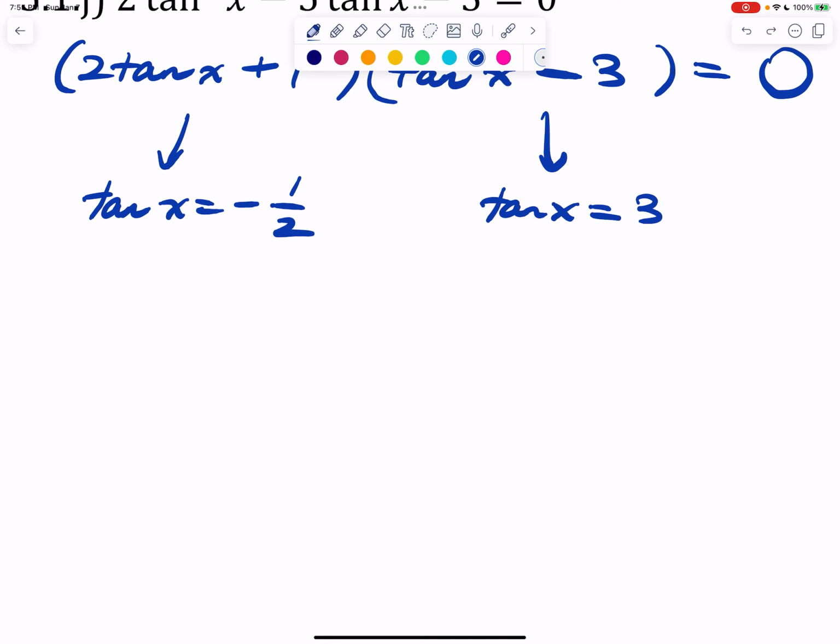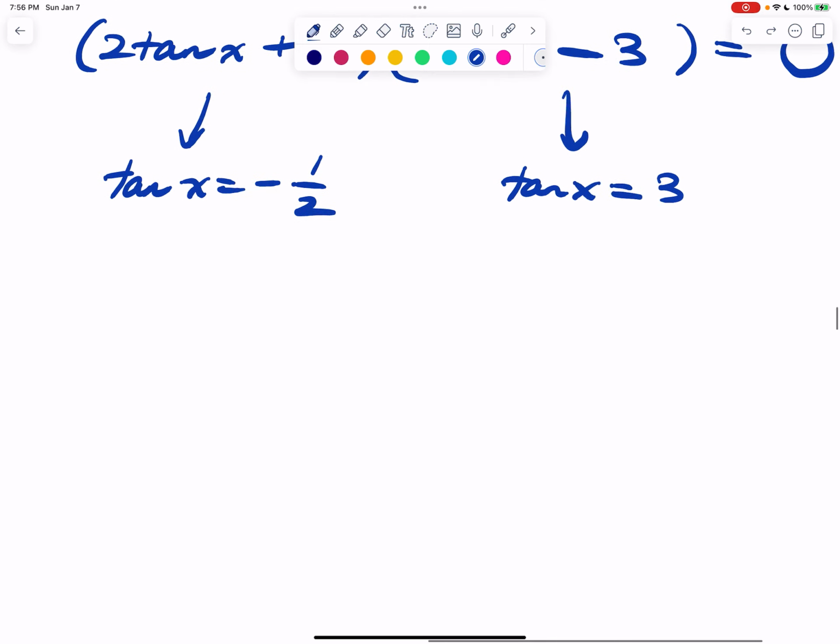So for each one of these, we're going to find the reference angle, and we're going to find its related angles. For the first one, if tan x is negative 1/2, the reference angle is inverse tan of positive 1/2, which gets us 26.6 degrees.